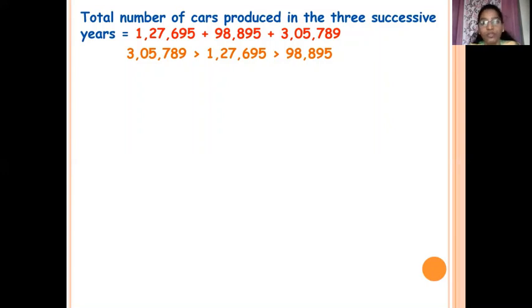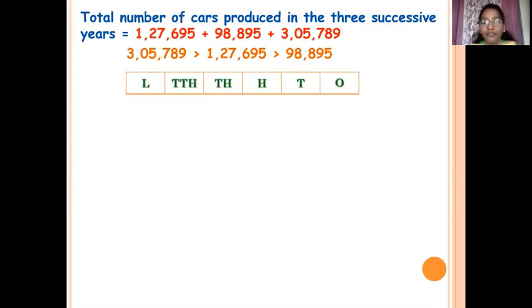Okay. So here you have the numbers, that is 3,05,789, which has to be added with 1,27,695 and must be added with 98,895 too.